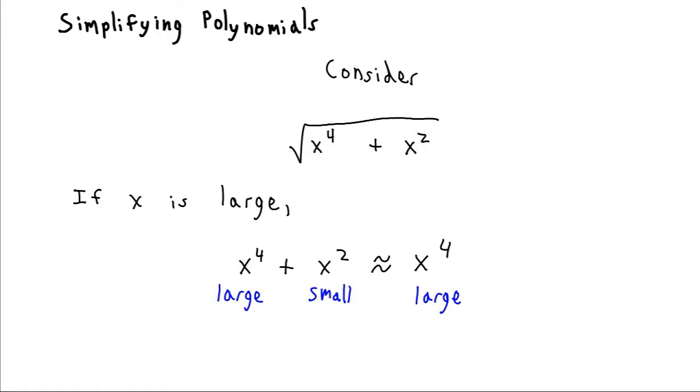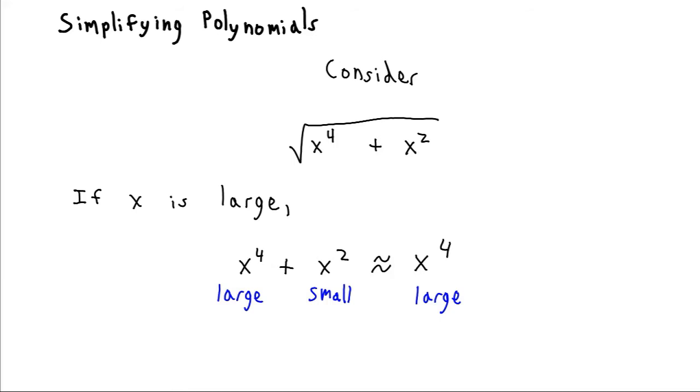So say we're dealing with some polynomial expressions. We'll start by considering where we have x to the 4th plus x squared and take the square root of that whole quantity. Now, if x is large, we take a large number and raise it to the 4th power. That's going to give us a very large result compared to taking that number and raising it to the 2nd power.